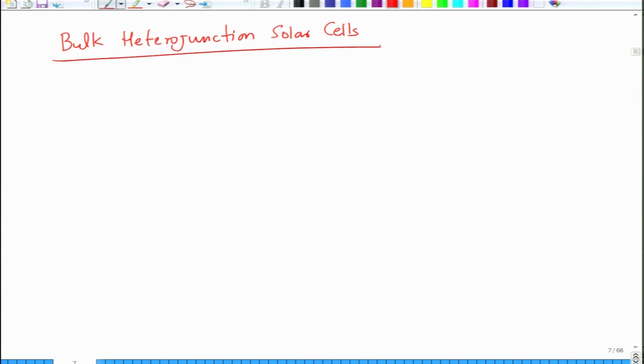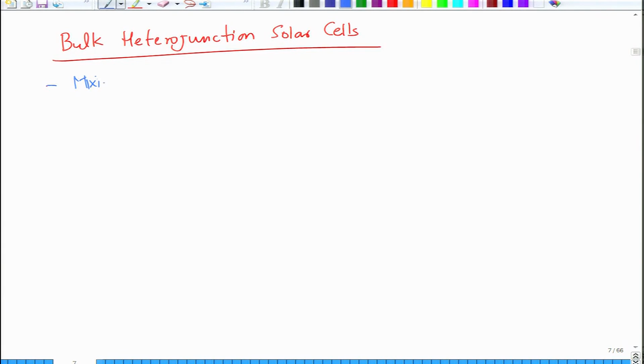In a bulk heterojunction solar cell, the concept is different here. The concept is, if you cannot bring the carrier to the interface, you bring the interface to the carrier. So it was basically based on mixing of N and P type, acceptor and donor, at the nanoscale.